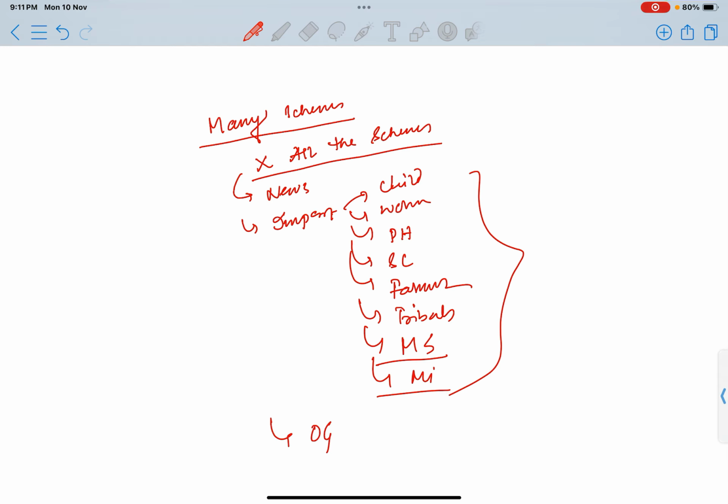Then there are some OG schemes which are kind of the backbone of India, so we cannot skip those either. In this way we have to prioritize schemes.